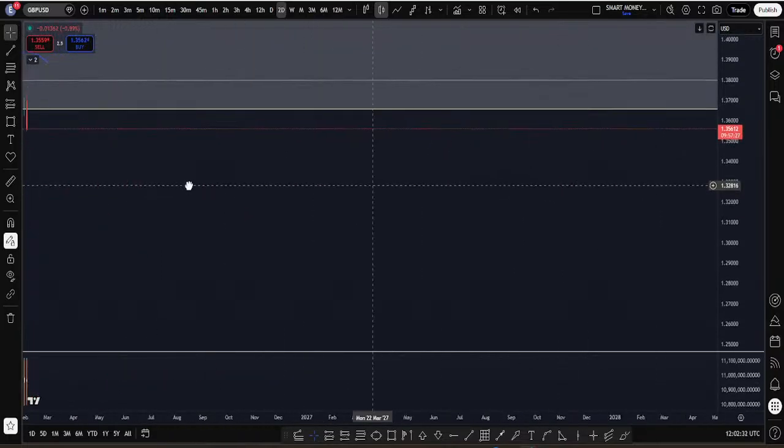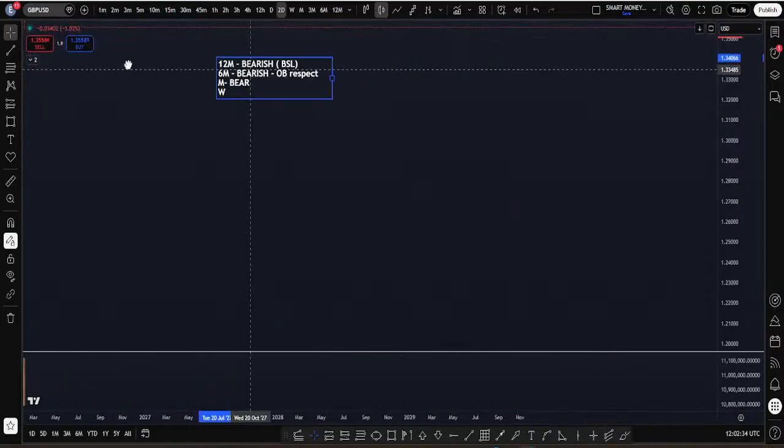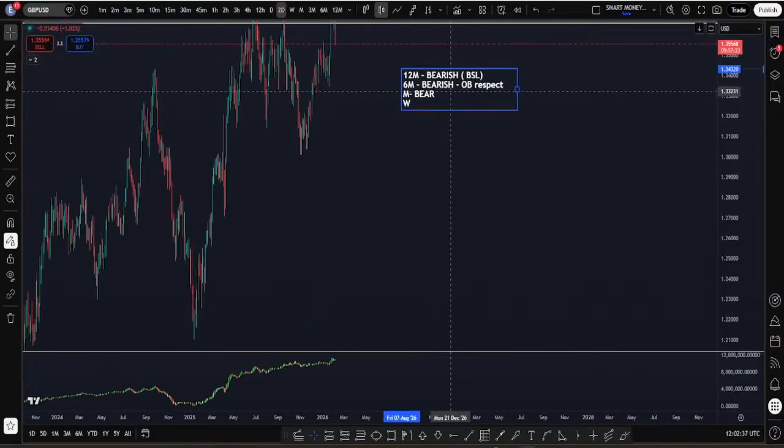So we go from the weekly. We just bring this back again. So we bring this in here. Weekly, I'm going to say bear based on what's forming. But because of that, I want to go on what's actually happened.